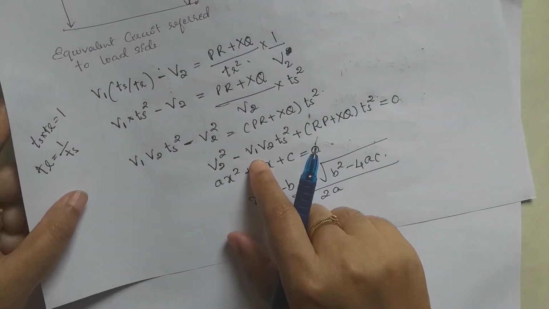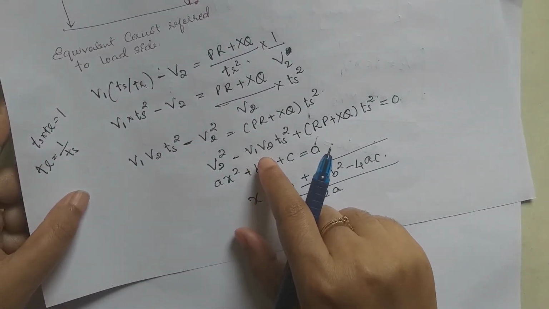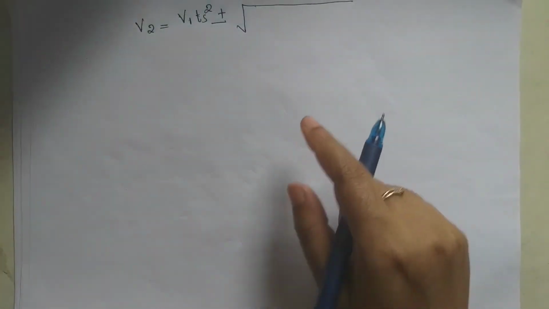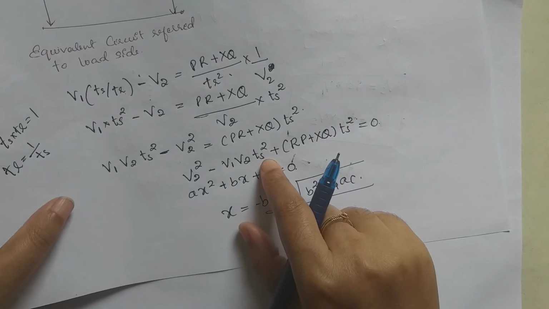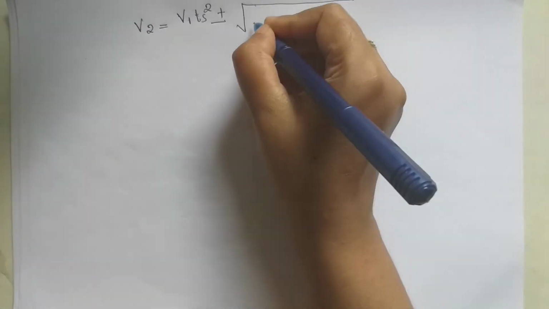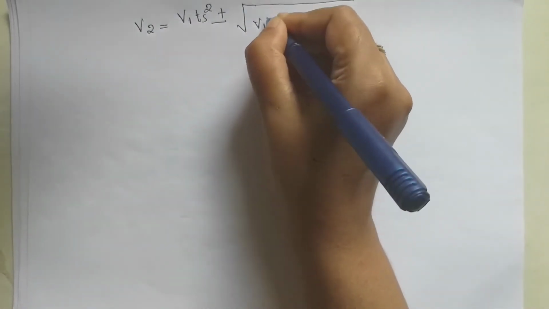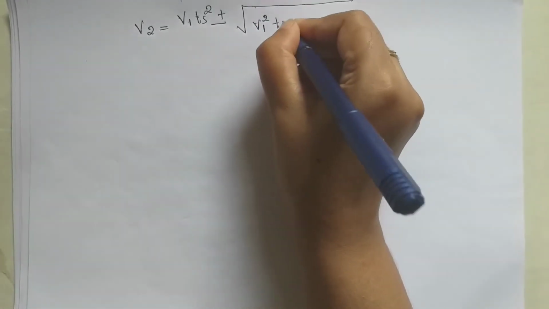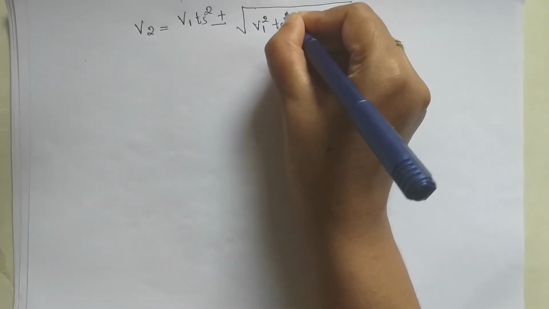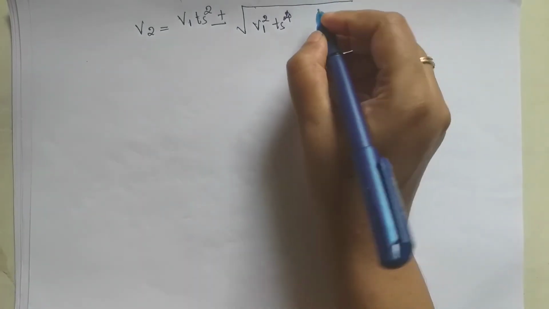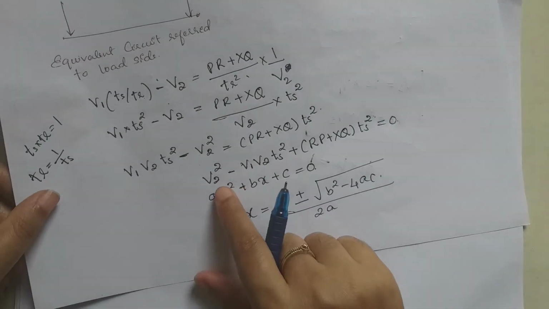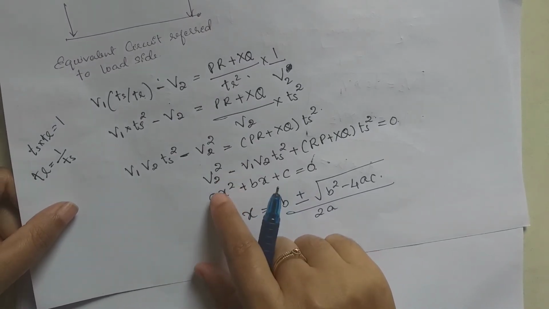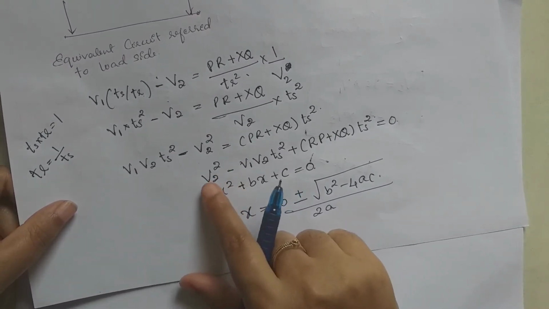The square root of B square: B is minus V1 Ts square, the square of this is V1 square Ts power 4, minus 4A. The coefficient of V2 square is 1, so A is 1.